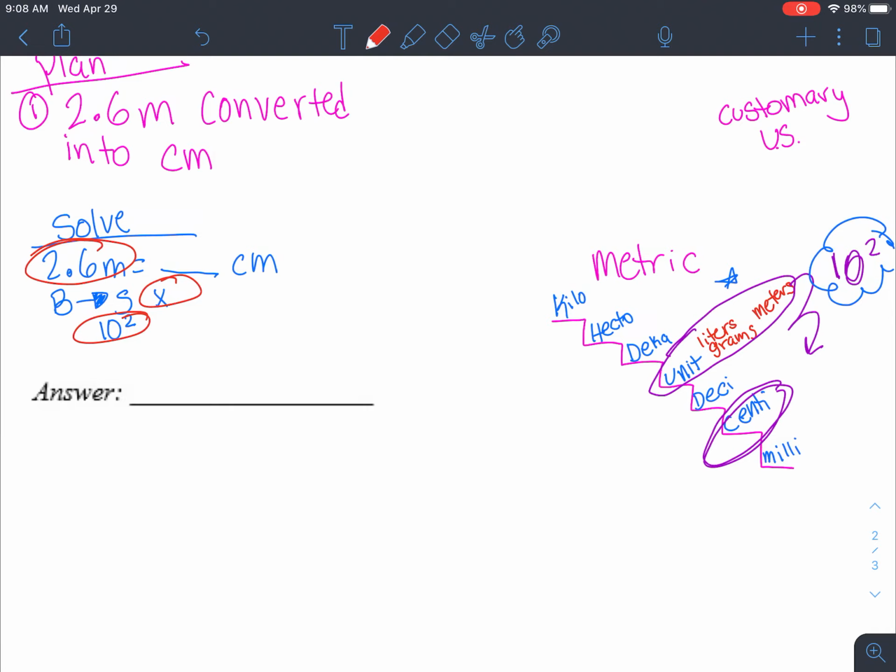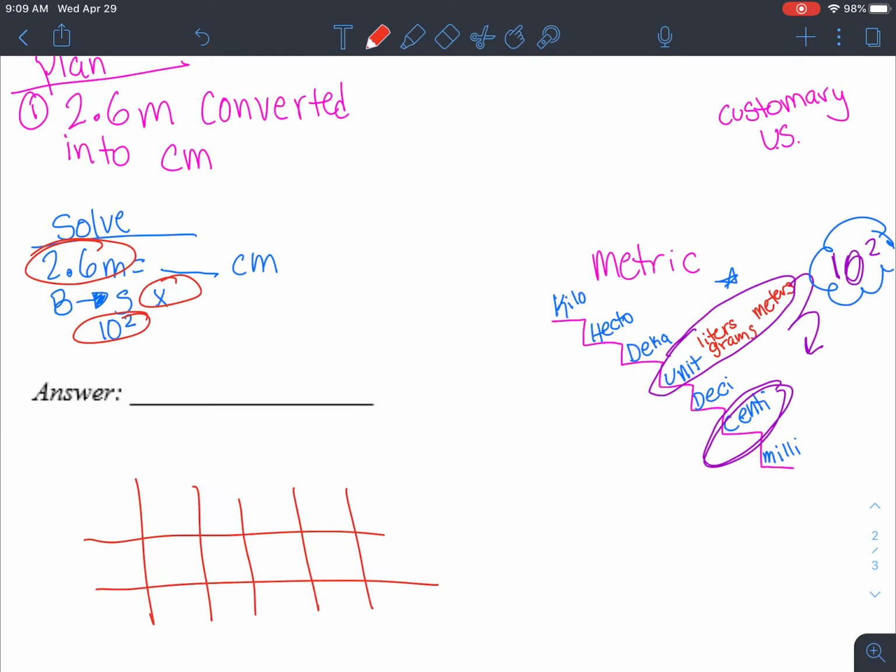I always like to make sure my answer is right, so I'm actually going to draw a place value chart just to make sure. Okay, I've got my 2 6/10 meters. I'm also thinking in my brain, if I'm multiplying, are my digits moving to the left or to the right?